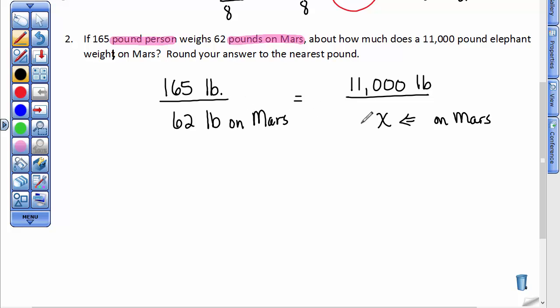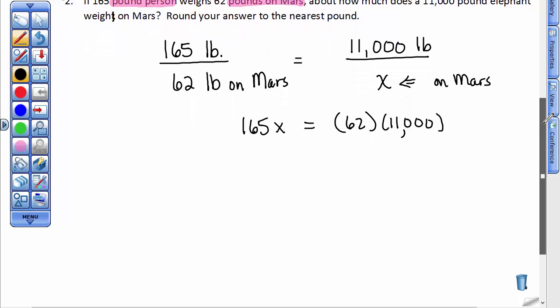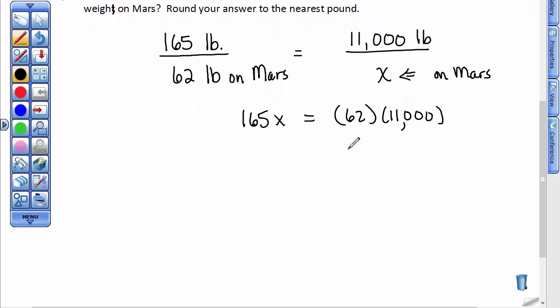So right here we have 165 times x. On the right side we have 62 times 11,000. I take the units off when I go about this process now. I get my calculator out, and 62 times 11,000 is 682,000. And then I've got to divide it by 165 in order to get x alone.